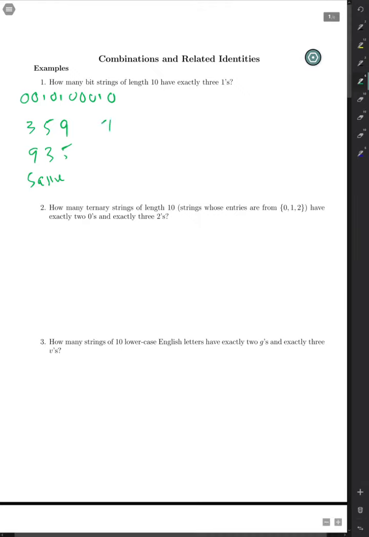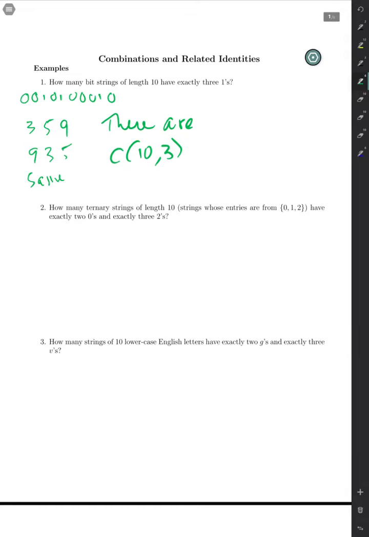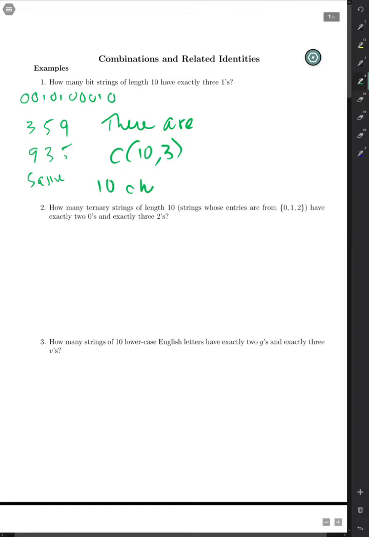So there are C(10, 3), the number of ways to choose 3 out of 10 things, or 10 choose 3, as this is often read, such strings.